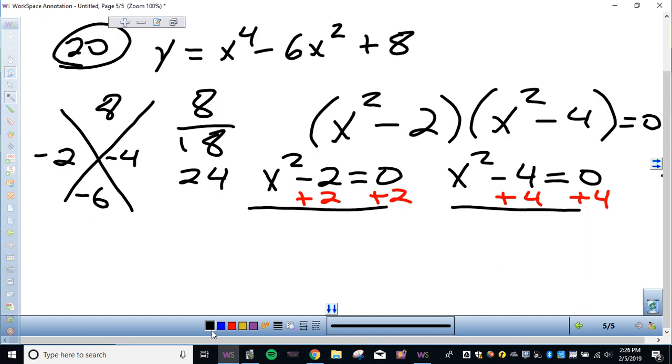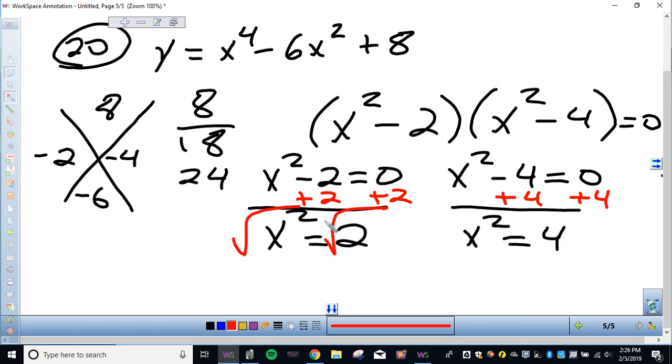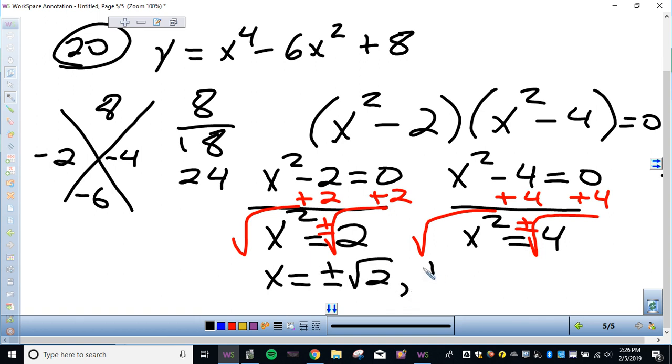So we get x squared equals 2. X squared equals 4. And then just square root. So I get x equals plus or minus square root 2 and plus or minus 2.